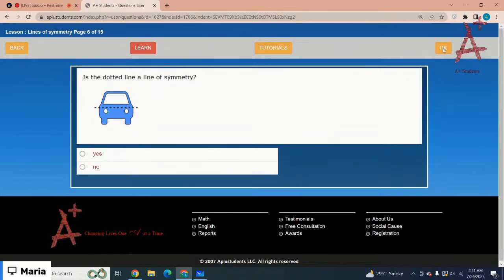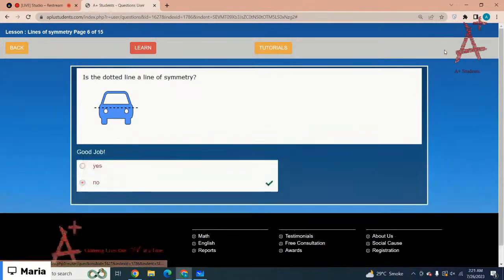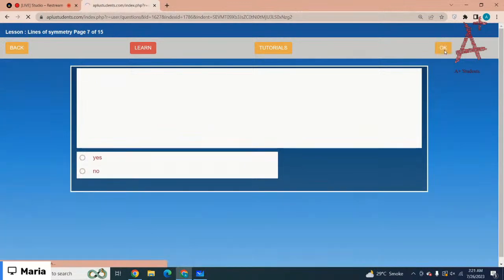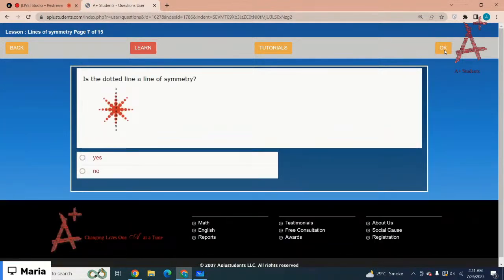Is the dotted line a line of symmetry? The correct option is no. The given line is not a line of symmetry. Next: is the dotted line a line of symmetry?